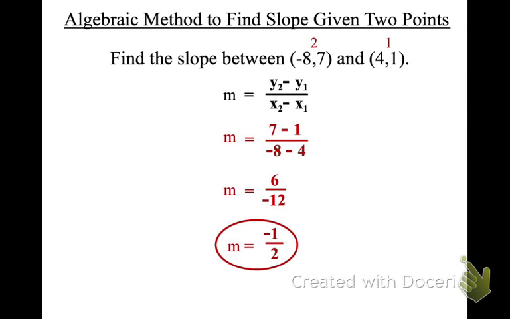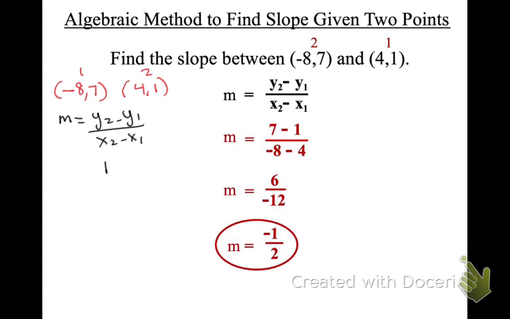Okay, I'm going to do it the other way this time. I'm going to call negative 8 comma 7 point 1, and we'll call the other one 4 comma 1 point 2. So I'm doing m equals y2 minus y1 over x2 minus x1.